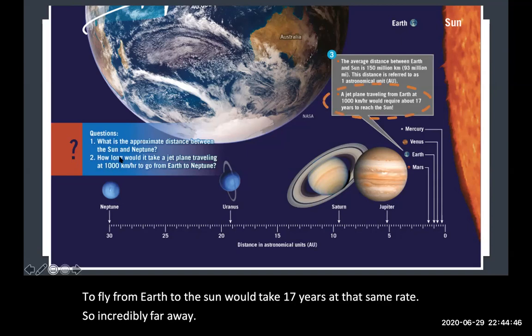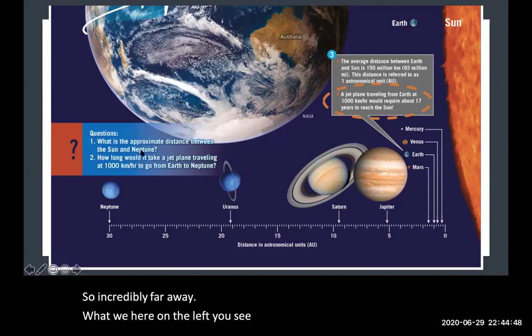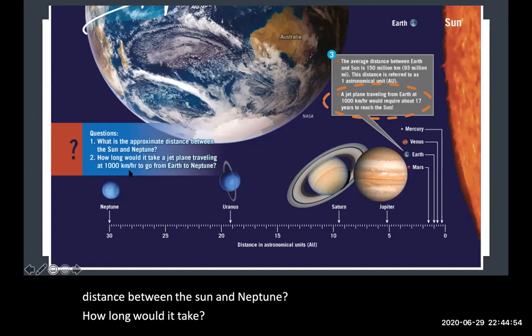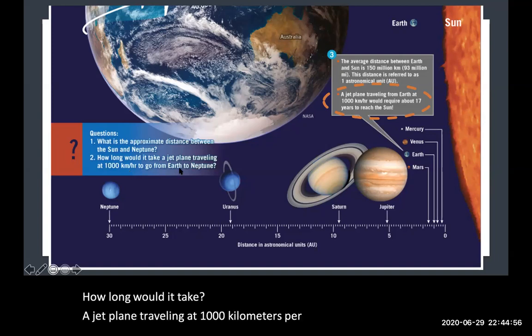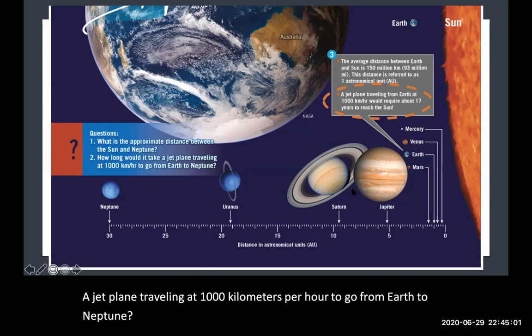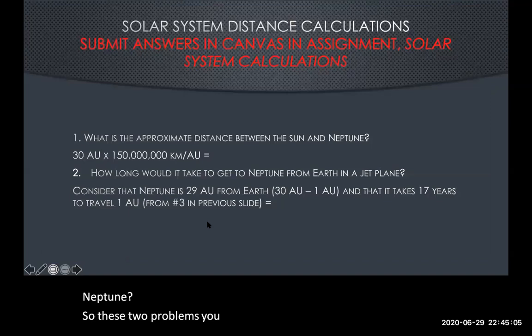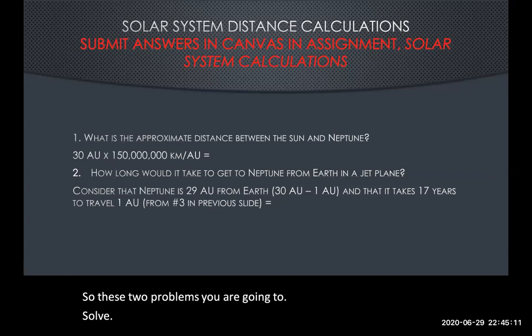Over here on the left, you see these questions. What is the approximate distance between the sun and Neptune? How long would it take a jet plane traveling at 1,000 kilometers per hour to go from Earth to Neptune? So these two problems you are going to solve, perhaps using my tutorial from a couple slides back as a guide.